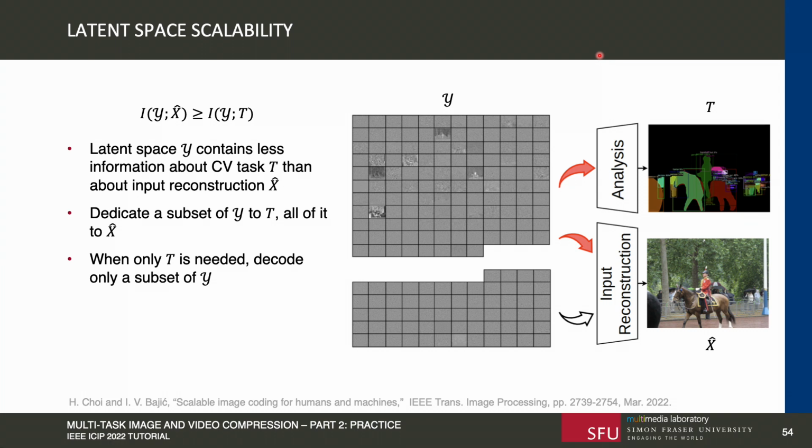So based on this conclusion, we can then arrive at the following structure for the latent representation. This y, which will normally be a feature tensor, will be split into two parts. One part of it will be dedicated to this computer vision task T, whereas the whole of the latent representation will be dedicated to the default task of input reconstruction.